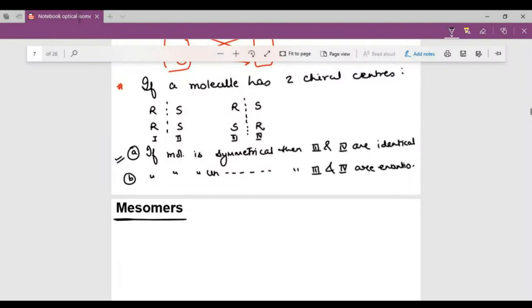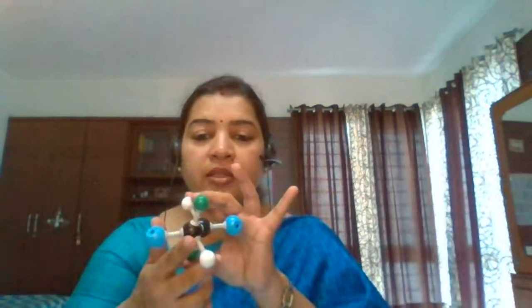So let us go here. See this. This is 2 chiral carbons. I have attached white, blue, green. Similar things I have attached on the other side. Similar things we have attached this way and that way.